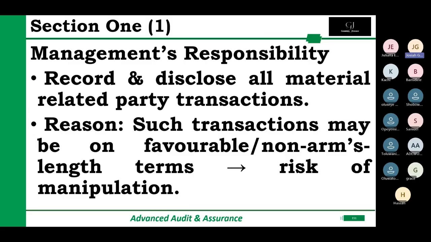And management has a responsibility of disclosing the nature of such transactions and who is transacting with the company. The identity of the owners of such related party companies is very important, because the risk of manipulation and the risk of undisclosed persons behind such transactions is there.